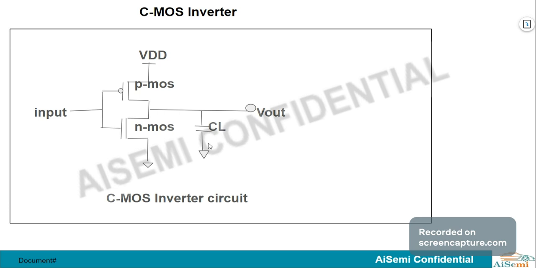And this is the CMOS inverter circuit diagram. We can observe that the CMOS inverter is a combination of both PMOS and NMOS. PMOS is the pull up transistor and NMOS is the pull down transistor. These are connected in series combination.